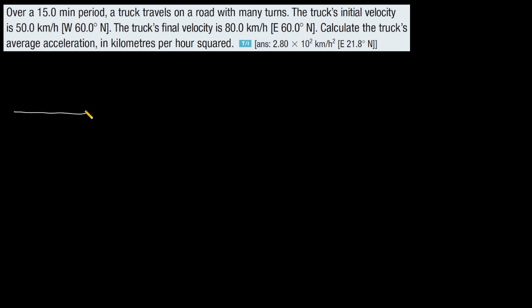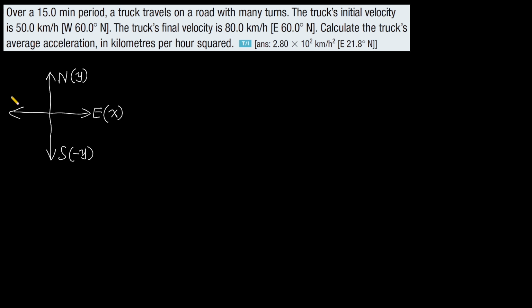So this is the direction. This direction is north, also positive y direction. This direction is east, also positive x direction. This direction is south, also negative y direction.